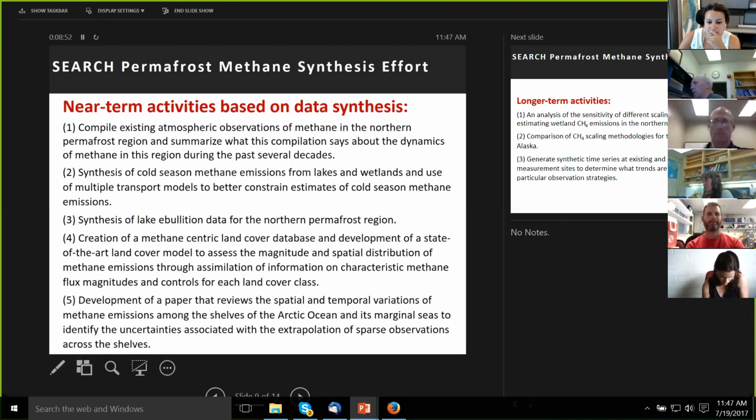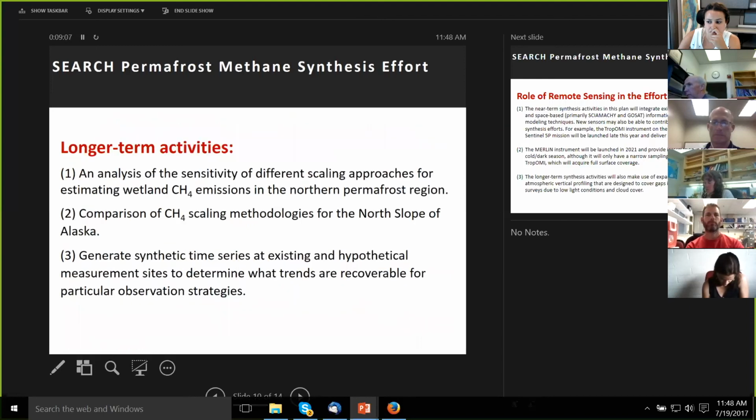So these are all ongoing, and the idea is that they'll produce papers that are submitted in the 2018 timeframe. The longer-term activities, there are 3 of them. One's an analysis of the sensitivity of different scaling approaches for estimating wetland methane emissions in the northern permafrost region.